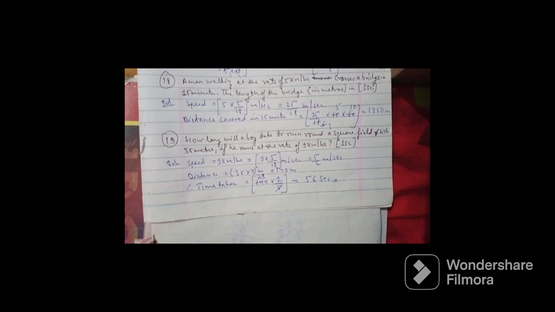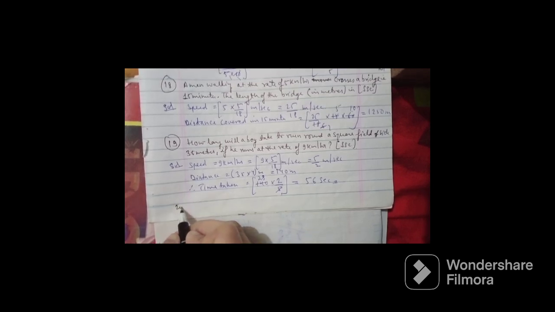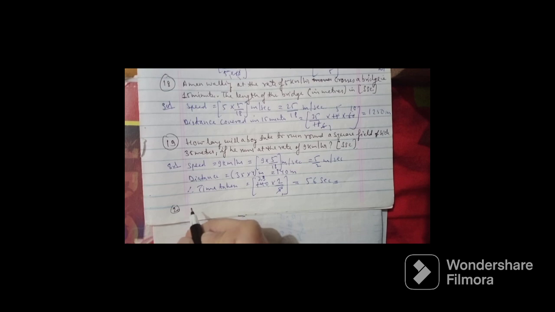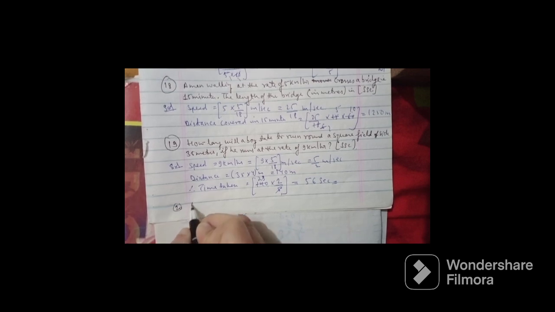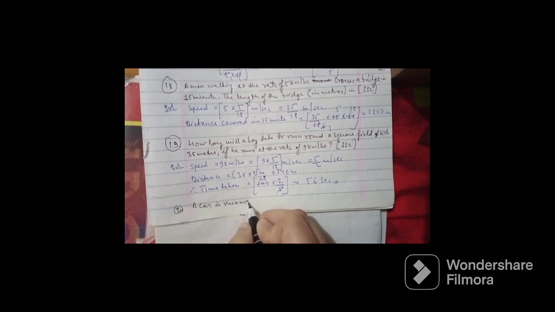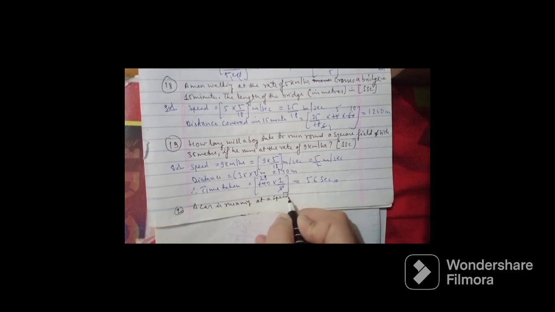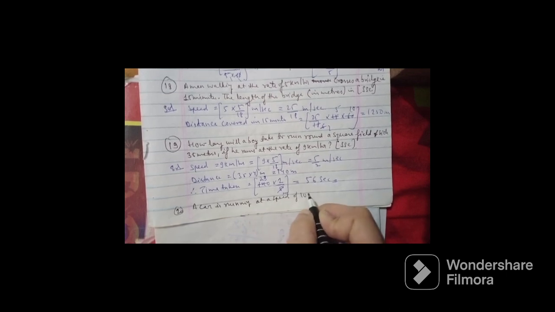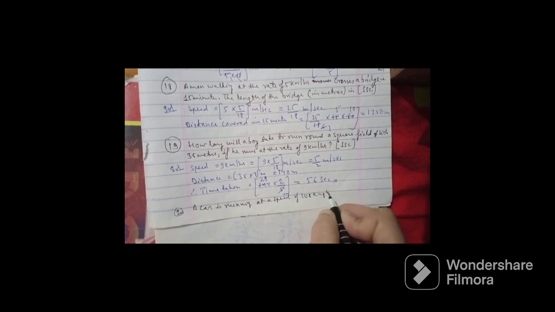So 20th question we have. A car is running at a speed of 108 km per hour.